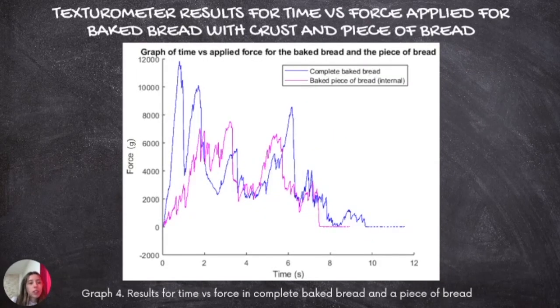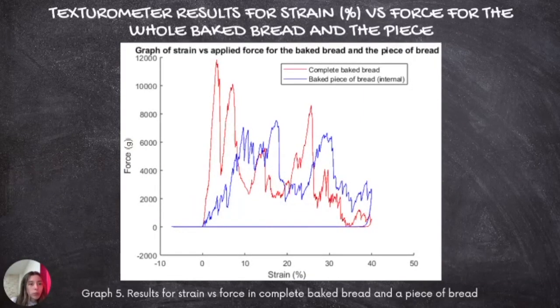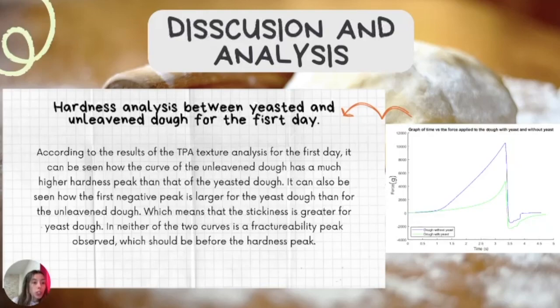And here we have the texturometer results for time versus force applied for baked bread with crust and a piece of bread. And also we have the texturometer results for strain versus force for the whole baked bread and the piece of bread. The discussion and analysis.